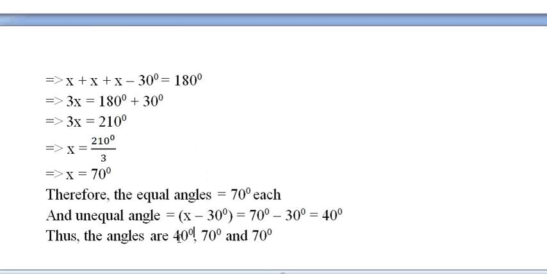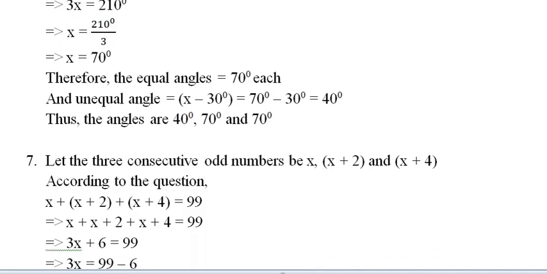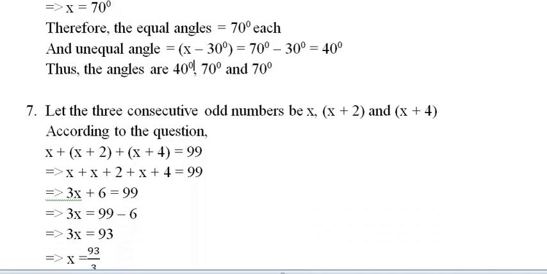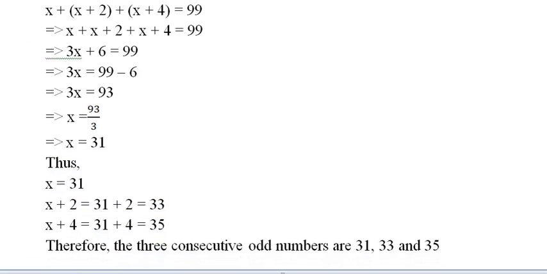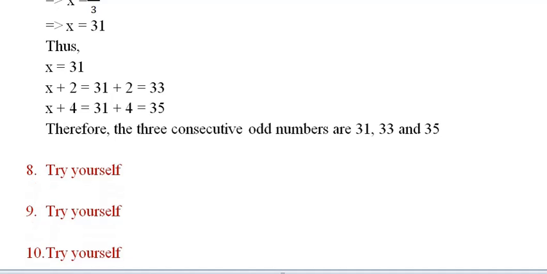Okay, 40 degree, 70 degree, and 70 degree, three angles of a triangle. Now let us move on to question number 7. I want you to try question number 8, 9, 10 by yourself.